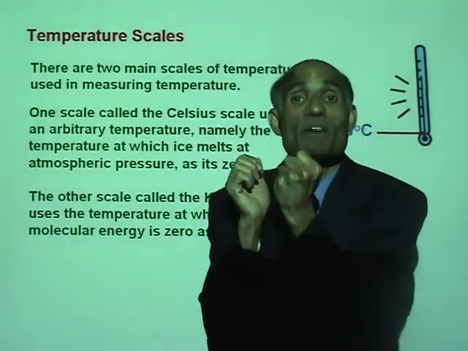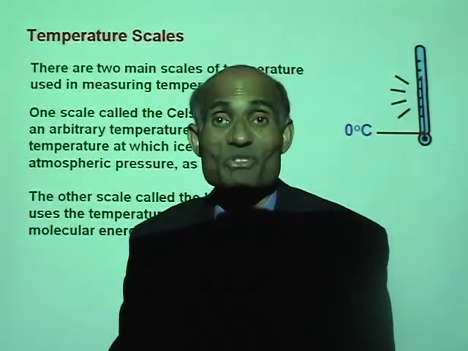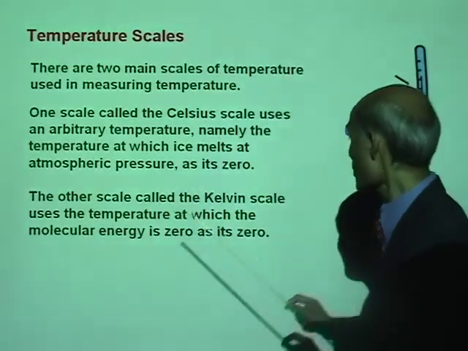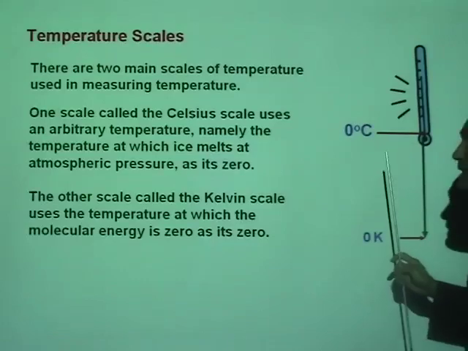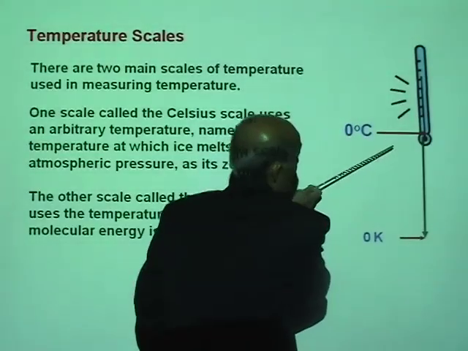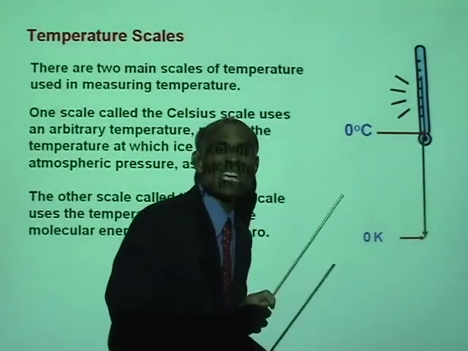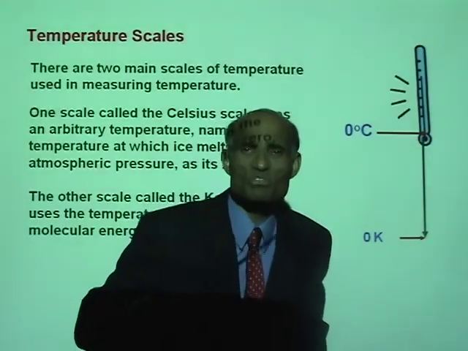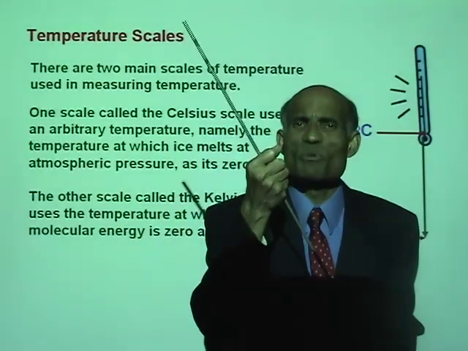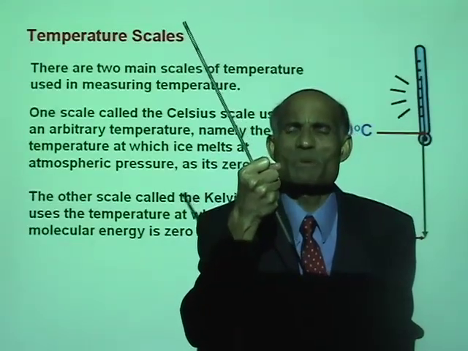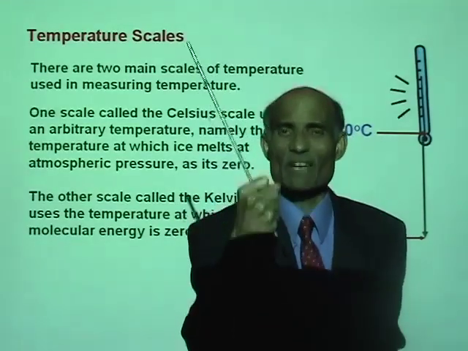And that is a very, very low temperature. You got to go down to here, and that is 0 Kelvin. Actually, 0 Kelvin is about negative 273 degrees Celsius. That is the temperature at which the molecules of a substance will be absolutely quiet.